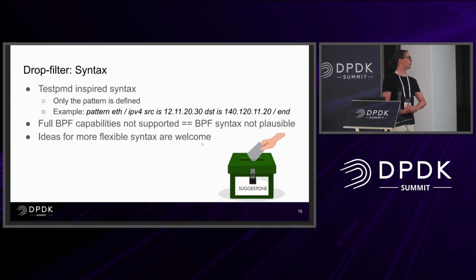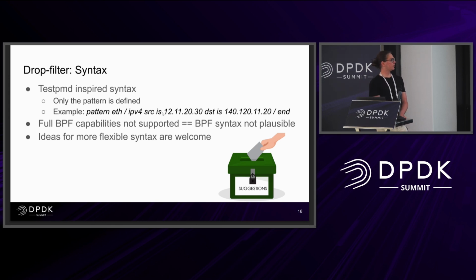How does the Suricata operator define the rules? We were inspired by the testpmd syntax, the DPDK testpmd application, but we just took out the pattern part. There is an example here. This is the full string that would be in the configuration file for matching one specific source and destination, or flow with these parameters.